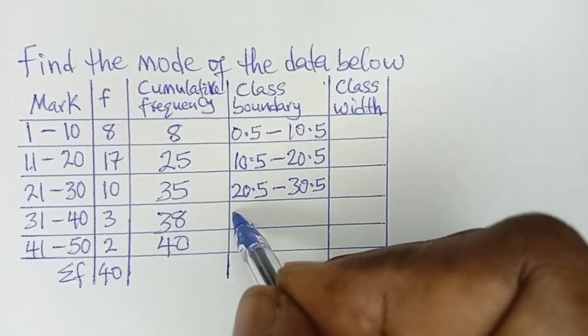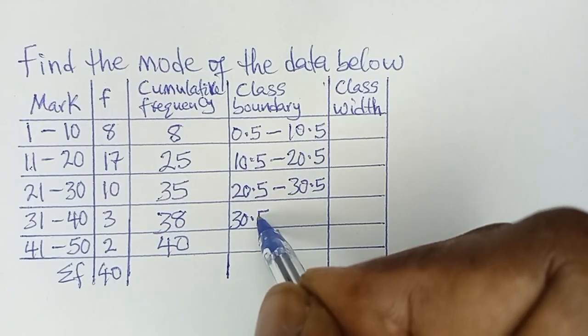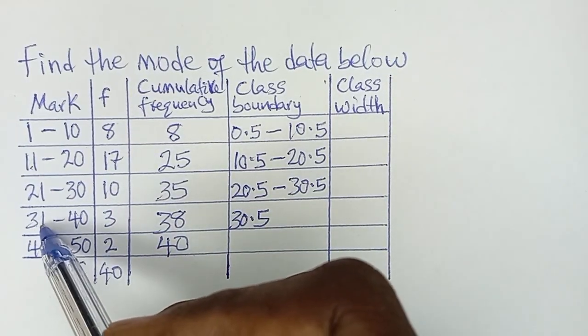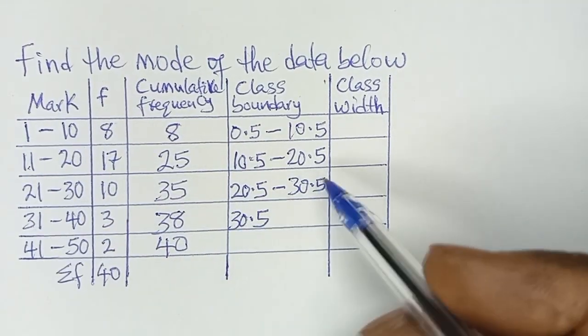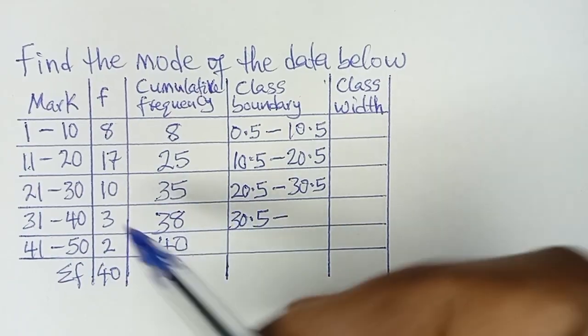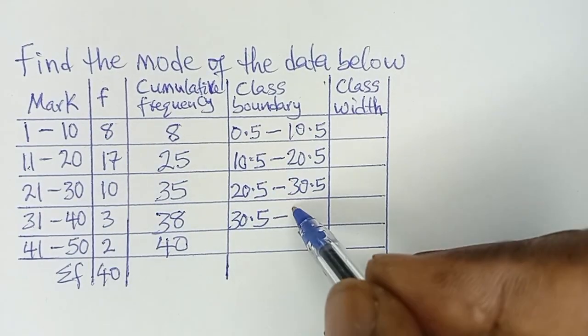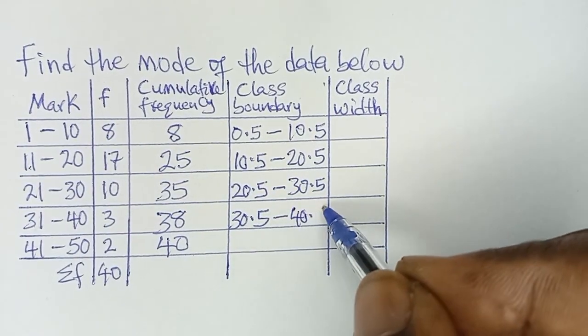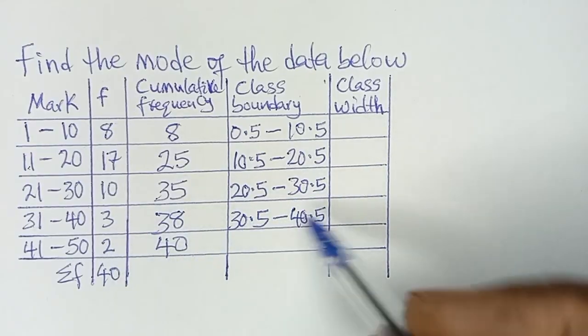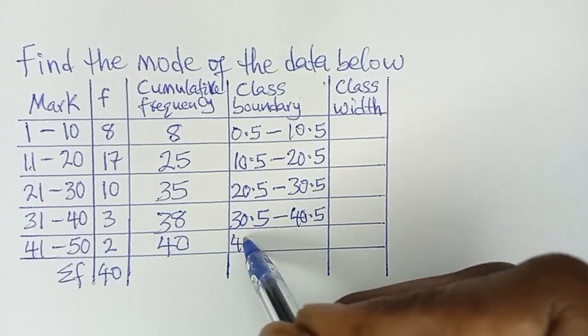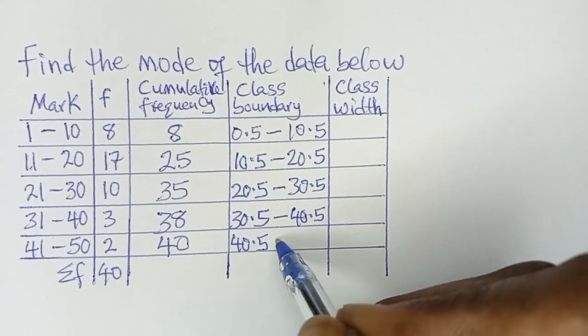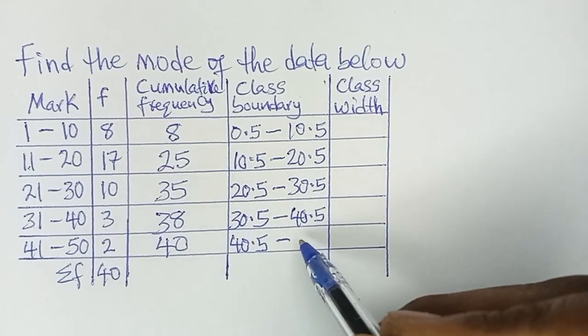This 30.5 starts this one. That is when you subtract 0.5 from 31, it gives you 30.5. And then 40 plus 0.5 will give us 40.5. And then finally, this 40.5 will also start this one, 40.5 to 50.5.